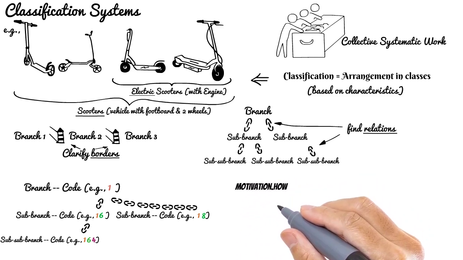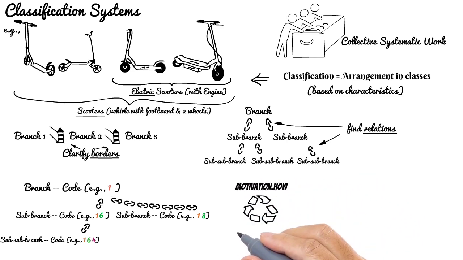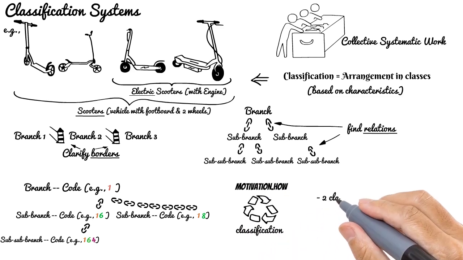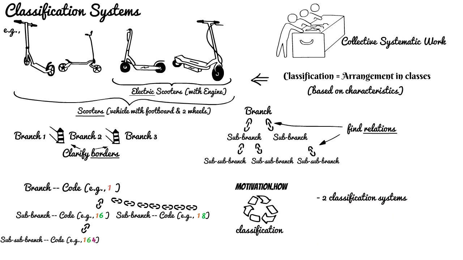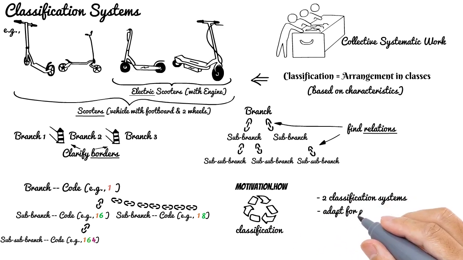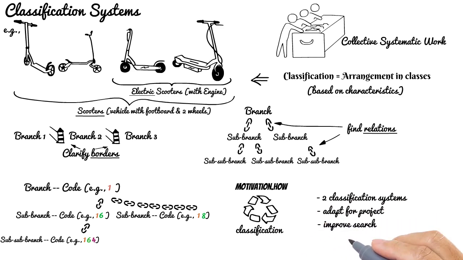MotivationHow project plans to utilize some huge classification work which was already done. We will discuss a couple of classification systems already in use. We will see how we can adopt them for preparing information for the MotivationHow project itself. We will see how we can improve search using classification coding on our portal. And at the same time, you can see how useful it can be.